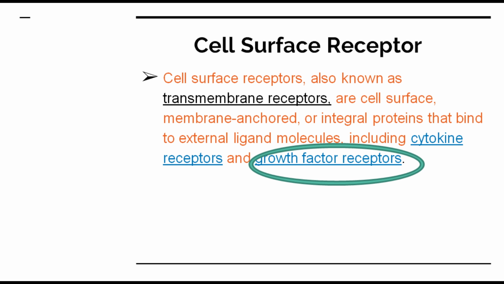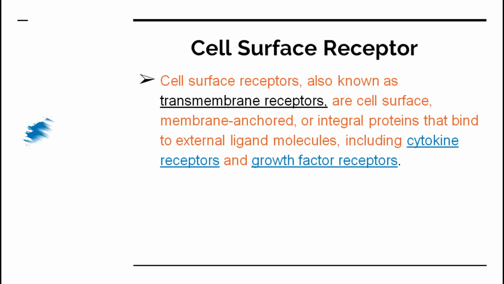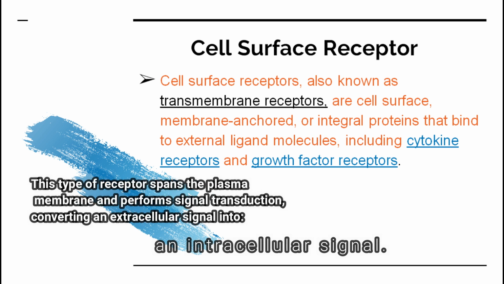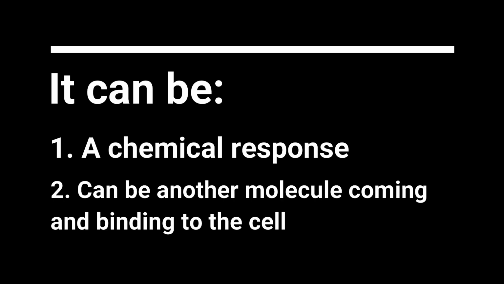Now, this type of receptor spans the plasma membrane and performs signal transduction, converting an extracellular signal to an intracellular signal. Now, this can be a chemical response within the cell, or this can also be another molecule that has been activated to come and bind to the specific spot. Any of the two, it's either chemical or physical.